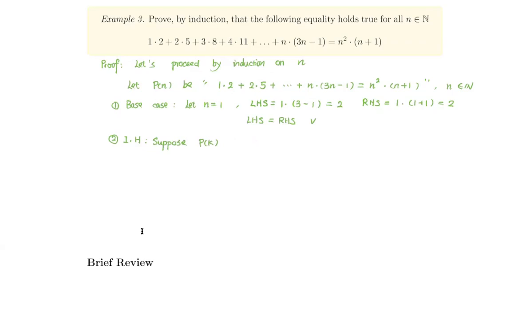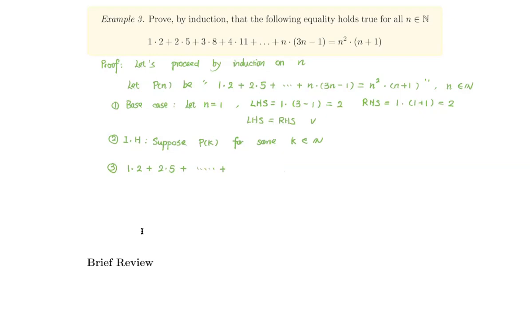Suppose P(k) for some k in natural numbers. Actually, I want to write it in this way.